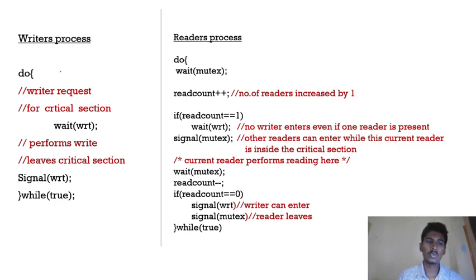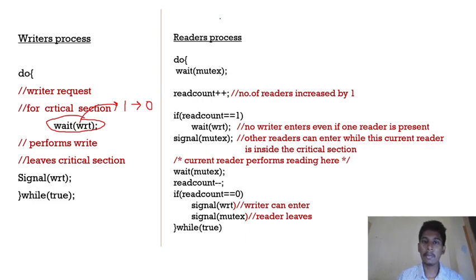In the do section, there is wait of write, which means write is 1 first, and it will be decremented to 0, which means the write process is acquiring the critical section, so it will perform the write operation.